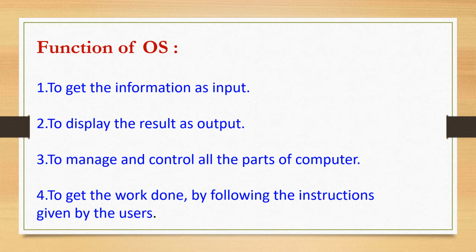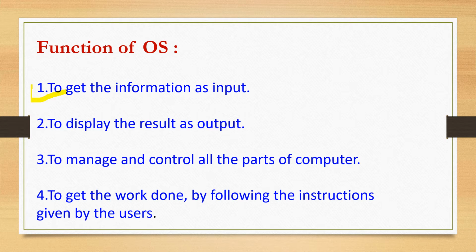The first function of any operating system is to get the information as input. Second, to display the result as output. Input means whenever we write anything, we can write essays, we can make PowerPoint presentations, all that is input, correct?